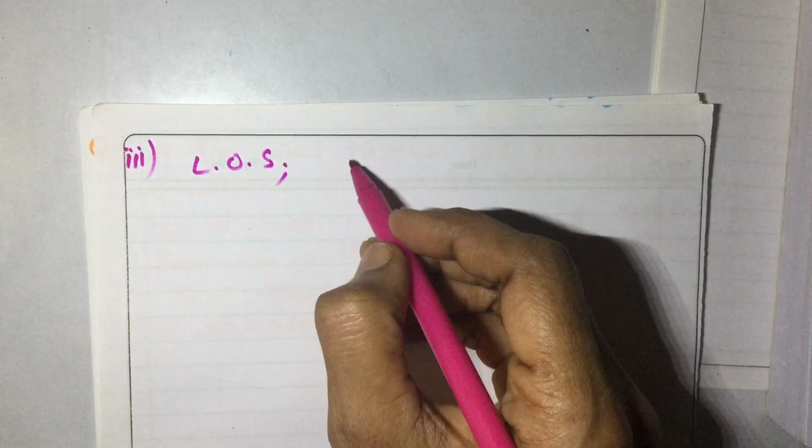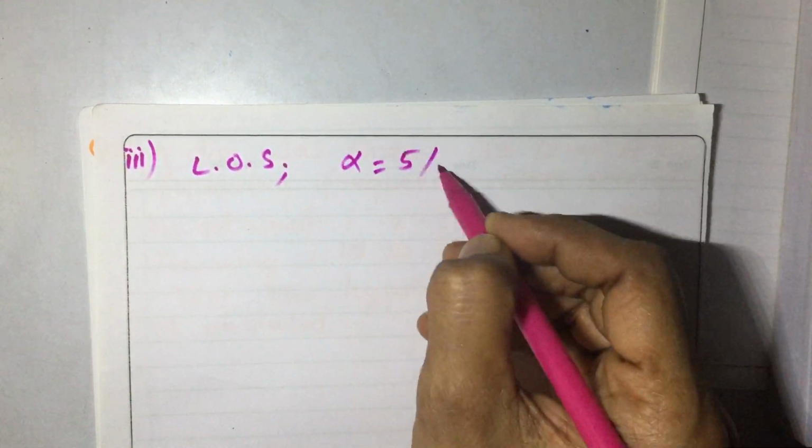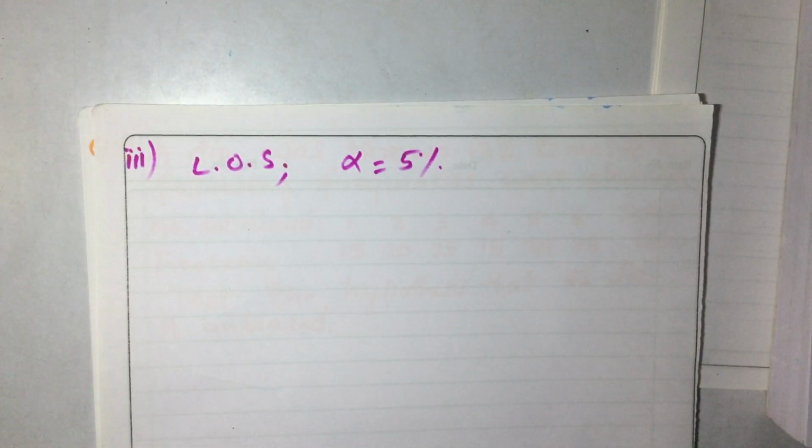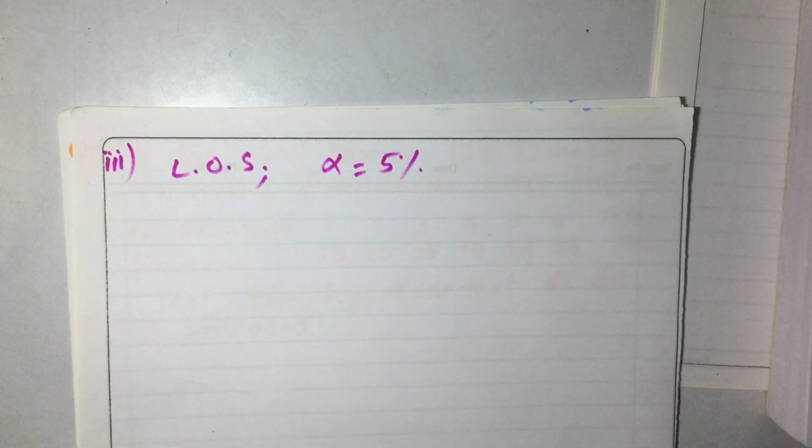Now we need to find the level of significance. If it is not given, take it as 5% or 1% or 10%. As I told earlier, as an ideal case, it's better to take 5%. So I have taken it as 5%, meaning 0.05.